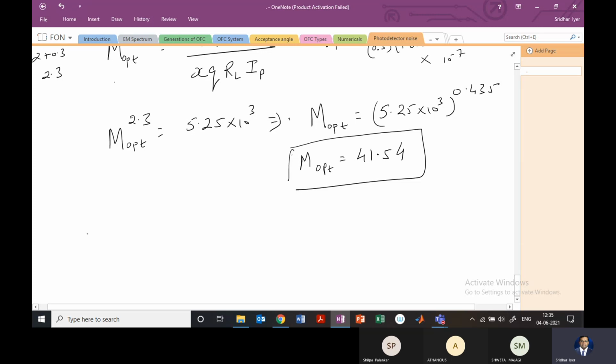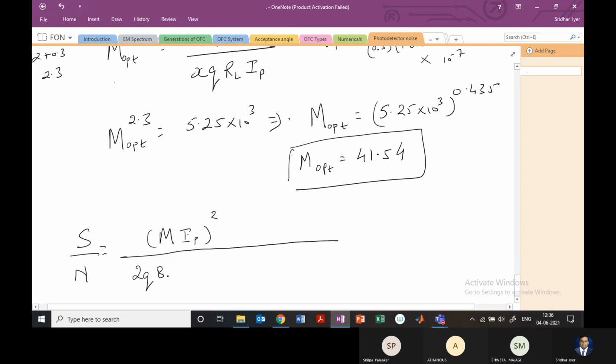So now we need to calculate the signal to noise ratio. And in this case, we have the APD. Therefore, the signal power will be M into IP square. If you compare this with a PIN diode, it was only IP square, but here you have M. Then you have the shot noise, that is 2QBE IP, and then we have the multiplication factor, and we had done this.